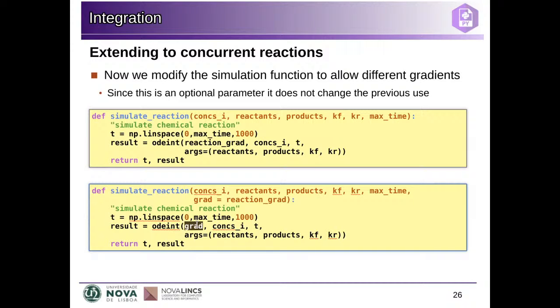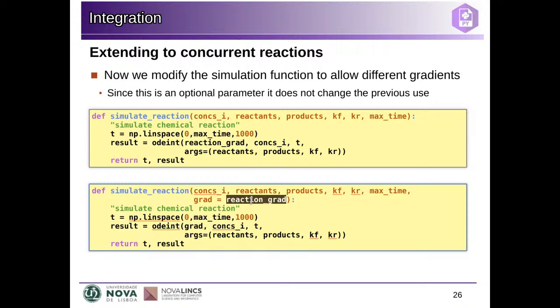But at the same time, you don't want to break everything that was already working with your program. So it's useful to use these default arguments in your parameters, so that when the function is called without specifying a value for those parameters, it will still use the same thing that it was using originally.